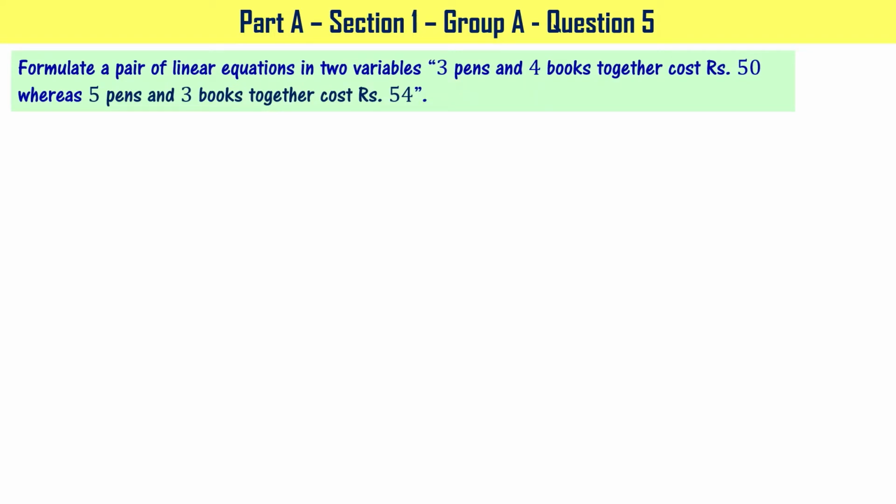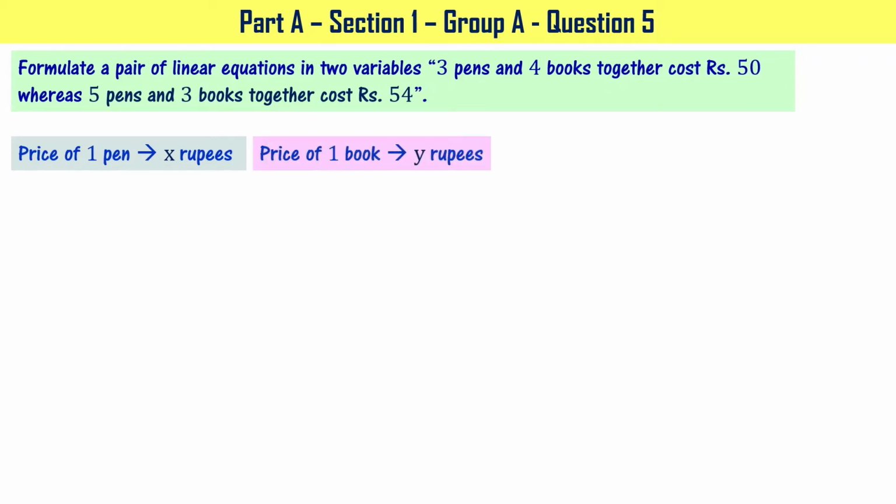Let's go to the next question. That is question number 5. Formulate a pair of linear equations in two variables. 3 pens and 4 books together cost 50 rupees, whereas 5 pens and 3 books together cost 54 rupees. Let me assume that the price of 1 pen is x rupees and the price of 1 book is y rupees. 3 pens plus 4 books cost 50 rupees.